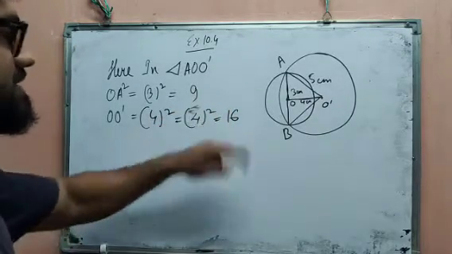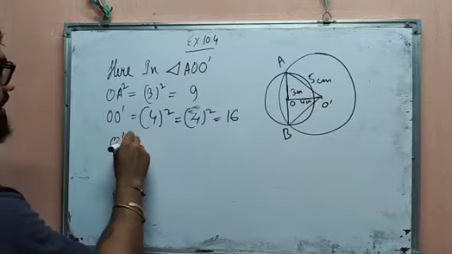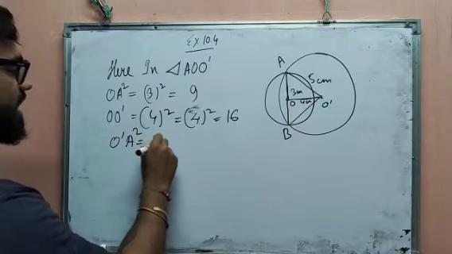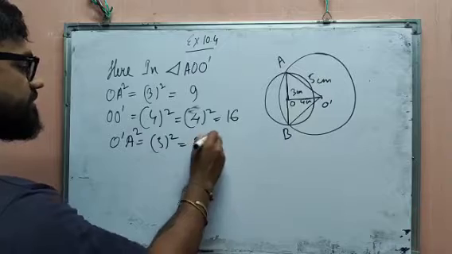So this is 9, this is 16, and O dash A square equals 5 square, which is 25.